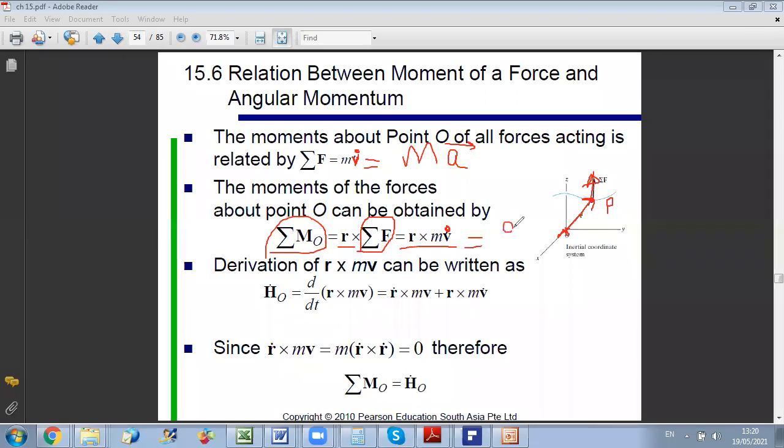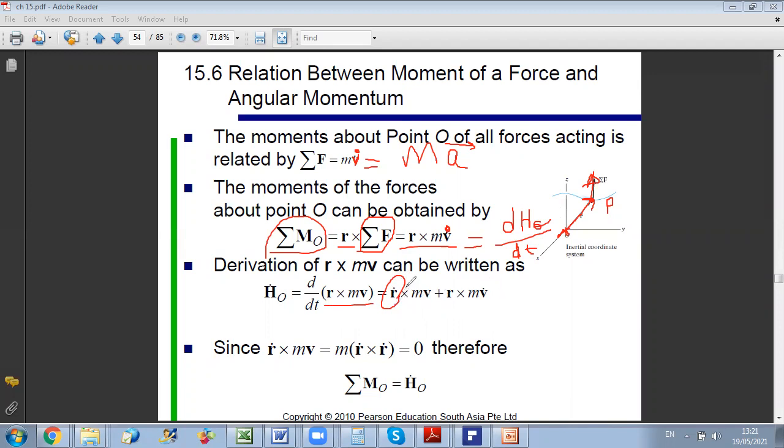Let us derive this. What is the definition of angular momentum? We saw together that the angular momentum is r vectorial mv. Let's try to differentiate it. If we take d by dt of r vectorial mv, it works like the product rule for u times v, the same concept in vectors. So I have r dot vectorial mv plus r vectorial mv dot.